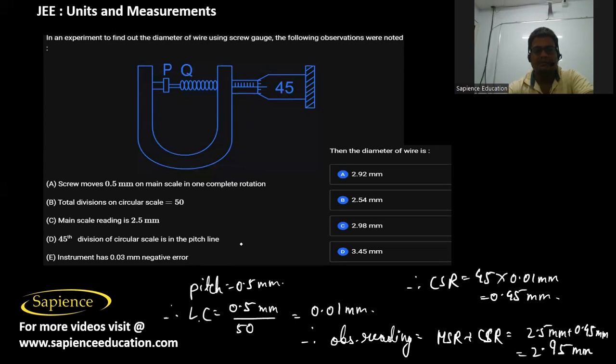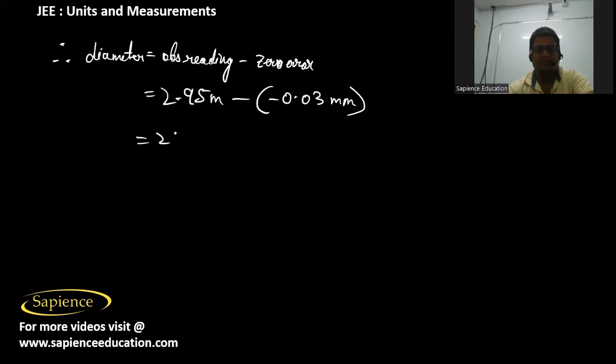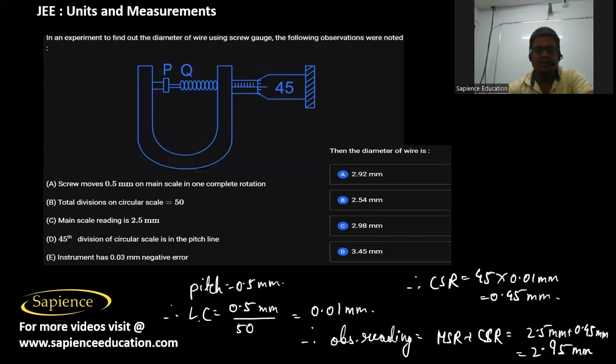So therefore, this will be equal to 2.98 millimeter. So 2.98 millimeter is the diameter of the wire. So option C is the correct answer.